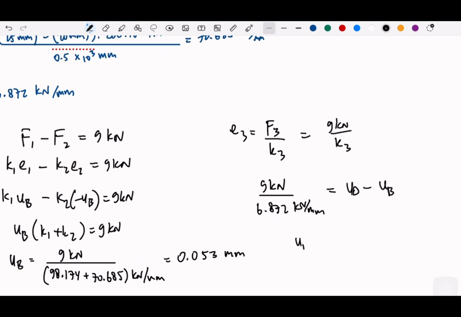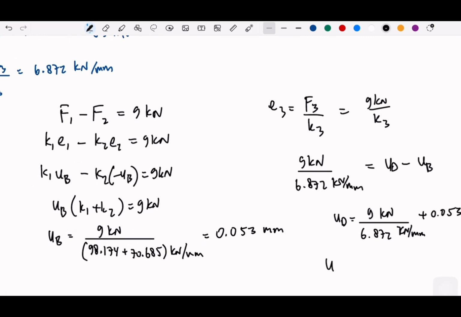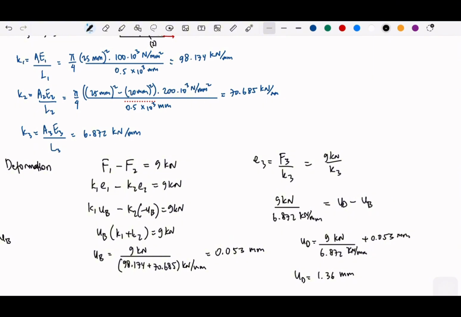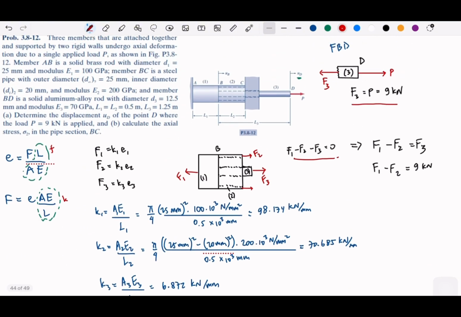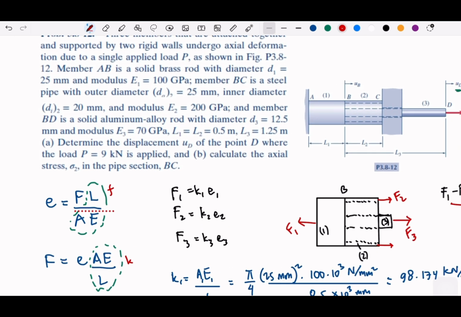So UD is 6.72 kilonewton per millimeter plus the 0.053 millimeter. So we get UD is around 1.36 millimeter. Okay, so this is the first part that we are being asked, the displacement of UD.